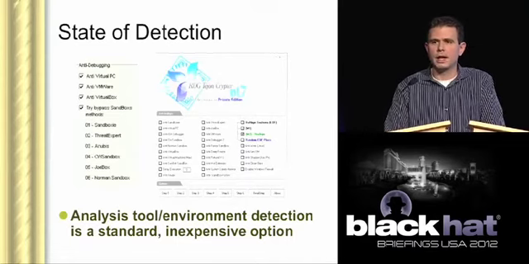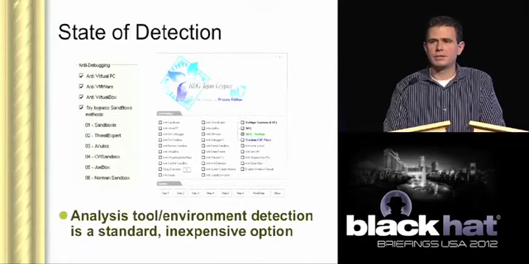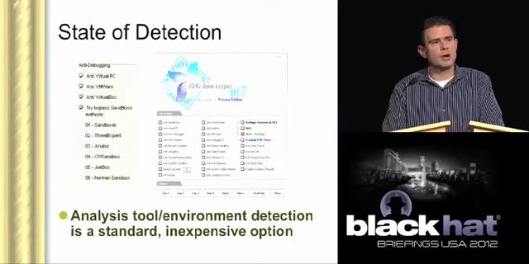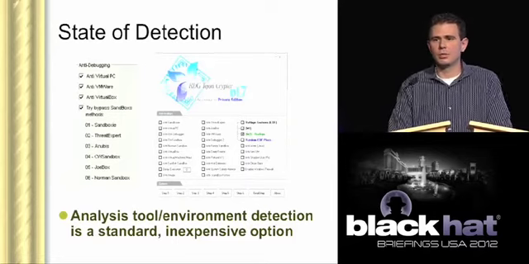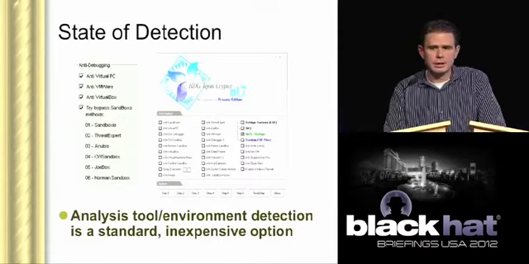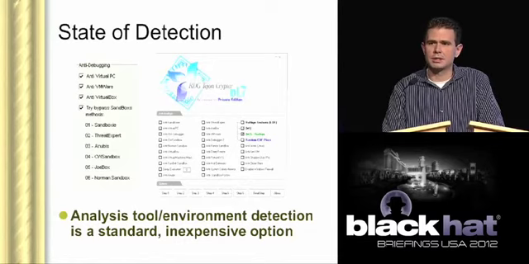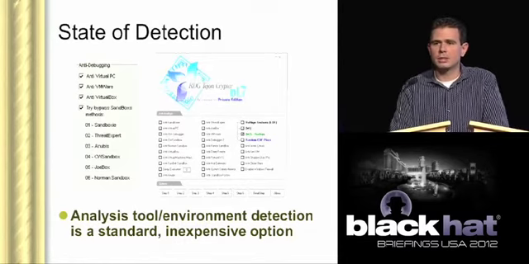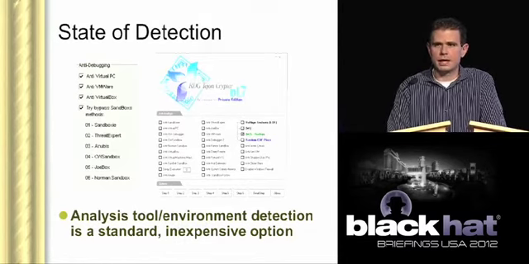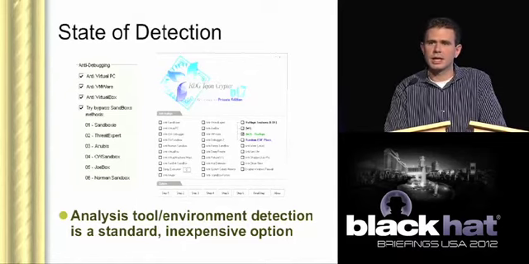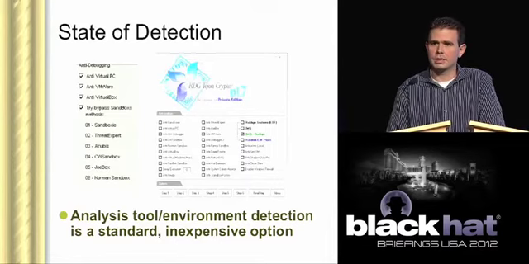As an example, you could PayPal $50 to rdgmax@gmail.com and get a copy of RDG Tejan Cryptor, which, as you can see from the screenshot, contains detections for about 15 different virtualization containers and analysis environments. So the point of these screenshots is that malware analysis environment or tool detection is now a standard and commoditized feature. It no longer takes the technical expertise it once did, and it's very accessible.